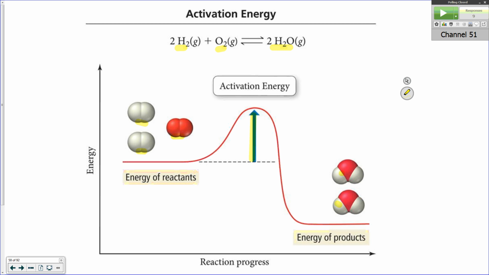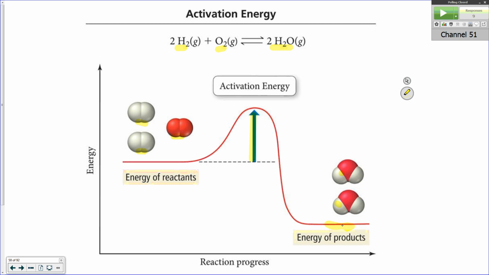So we would get it by touching a candle to it to get the initial burst of energy that you need. Once the reaction starts, is this an endothermic or exothermic reaction? How would you know that? It gives off heat. How did you know that? Because it's a flame, right? But looking at this energy diagram, how do you know it's exothermic? It goes down.